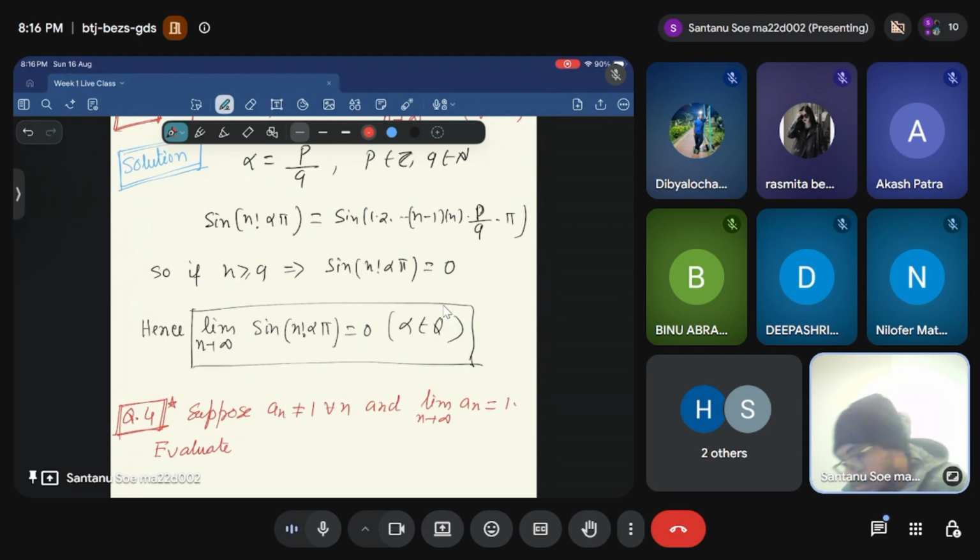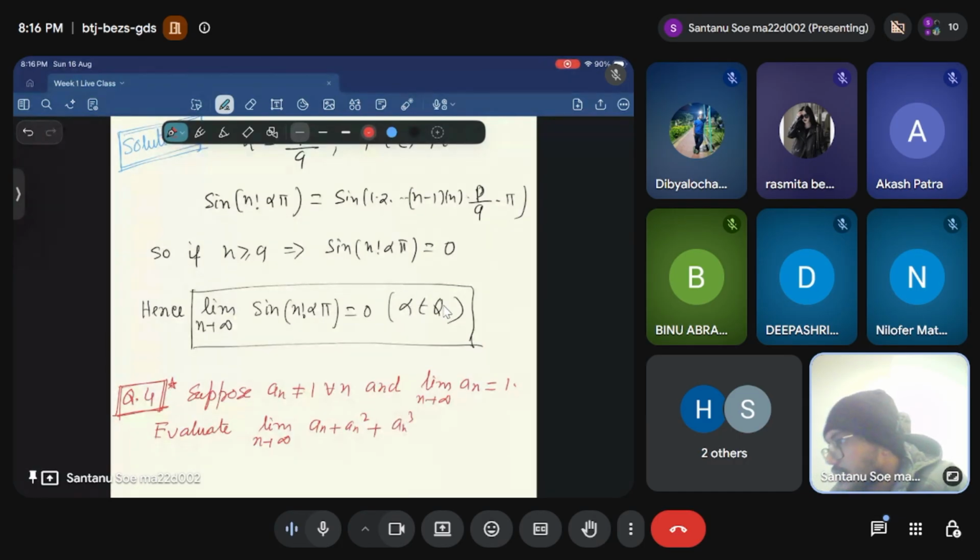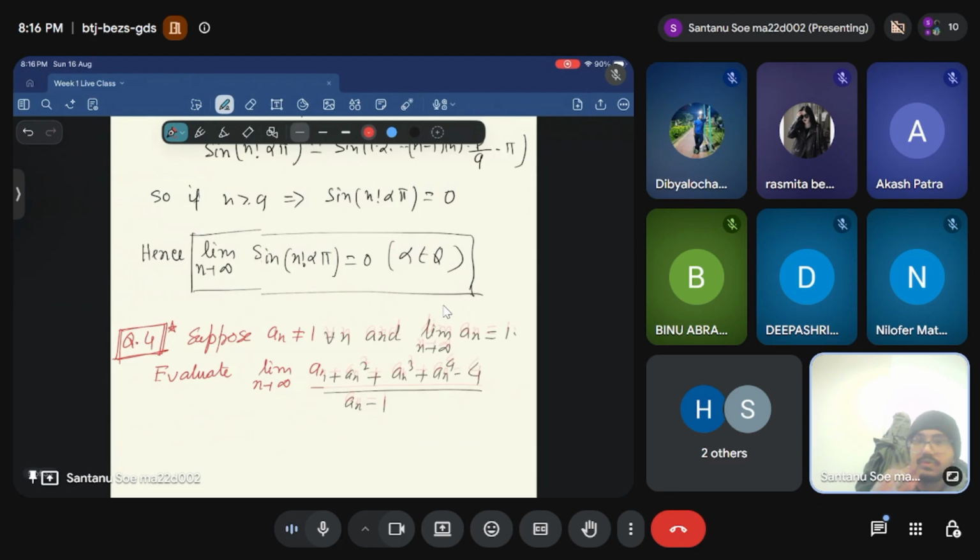So evaluate the limit as n tends to infinity of (a_n plus a_n square plus a_n cube plus a_n to the power 4 minus 4) divided by (a_n minus 1).